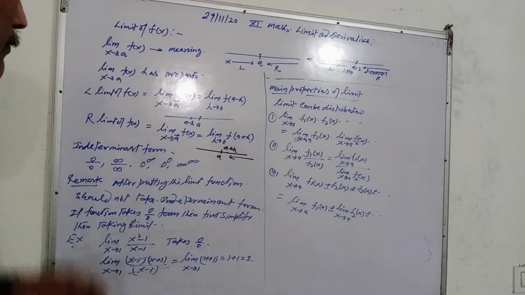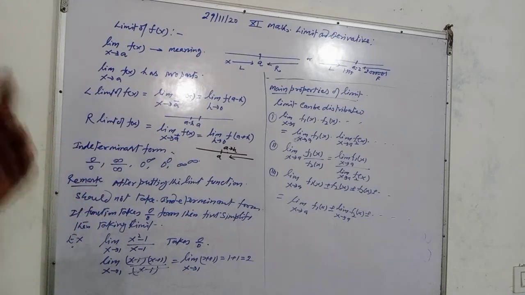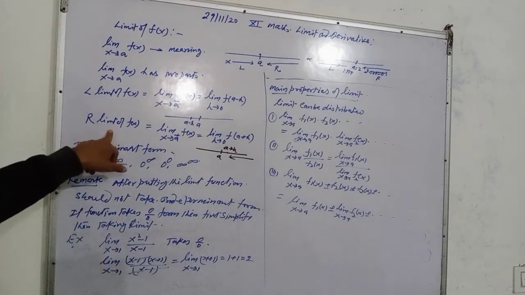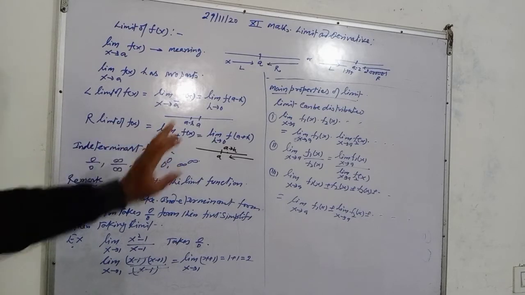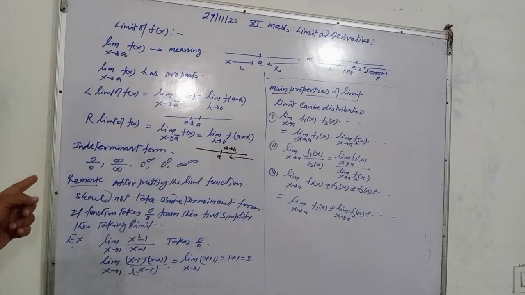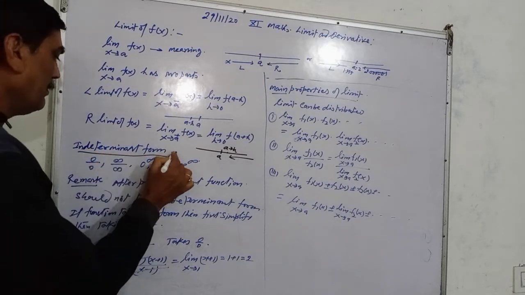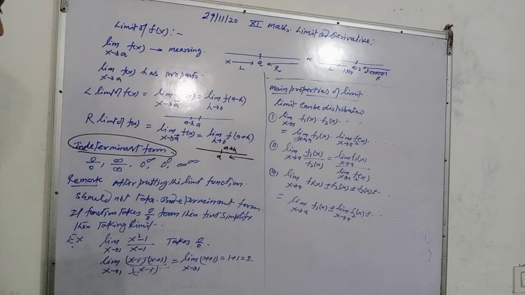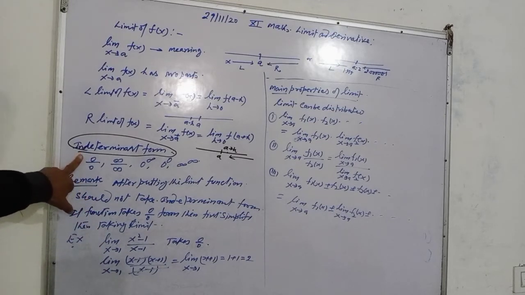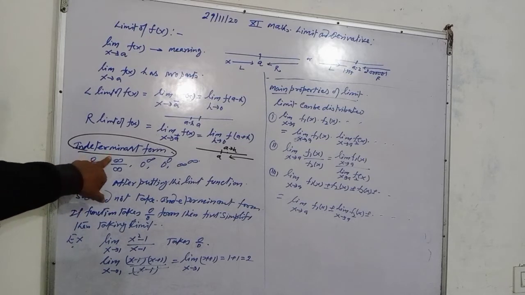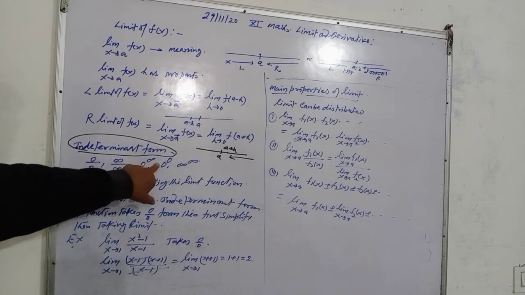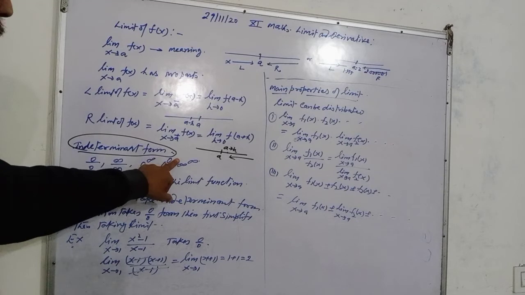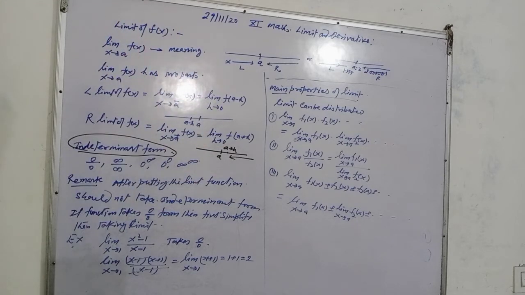Now, after taking the limit, when you put a in place of x, the function should not take an indeterminate form. Remember, indeterminate means the function should not become 0 by 0, infinity by infinity, 0 raised to the power infinity, 0 raised to the power 0, or infinity raised to the power infinity.